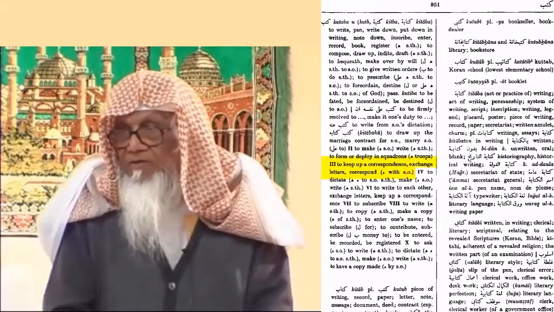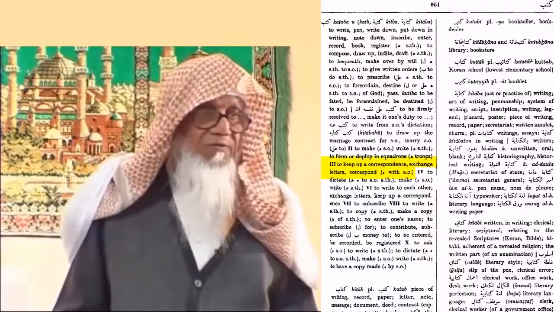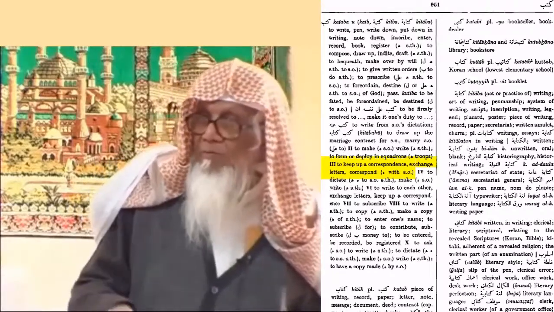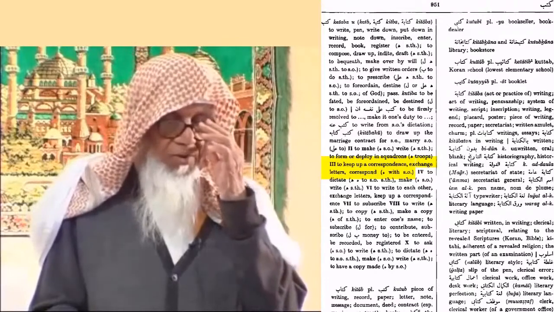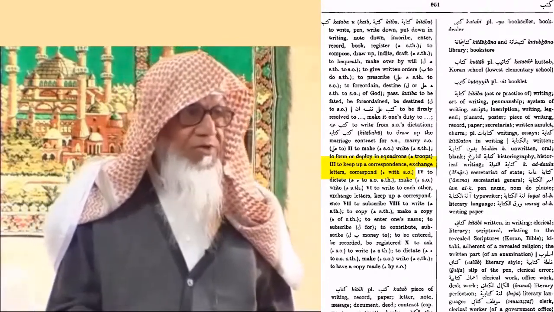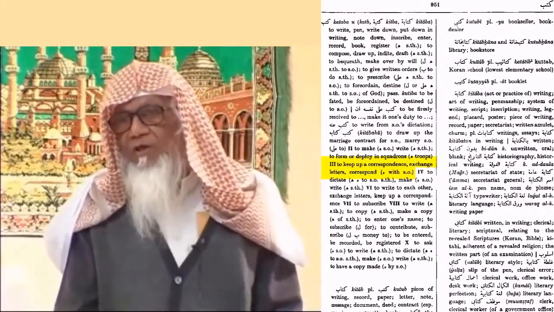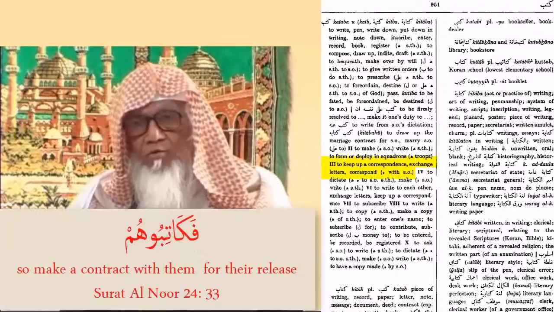That is the contract that a slave gets into with his master to buy his freedom, to purchase his freedom. He will say within a period of 2 years, 3 years, whatever period they agree to, I will pay you, or I will serve you for such a period, I will pay you such amount of money. That is mukataba. فَكَاتِبُوهُمْ in Surah Al-Nur.